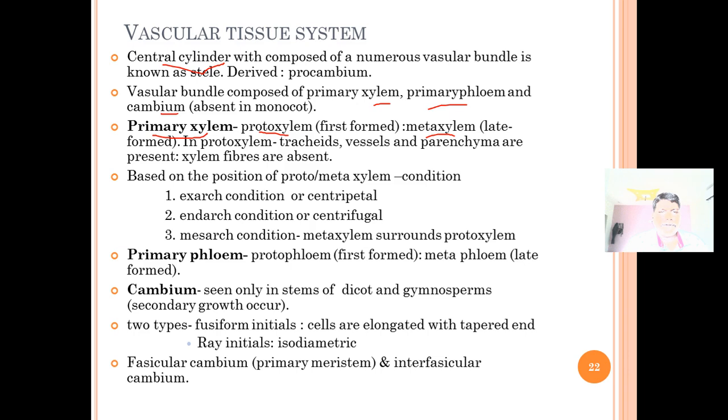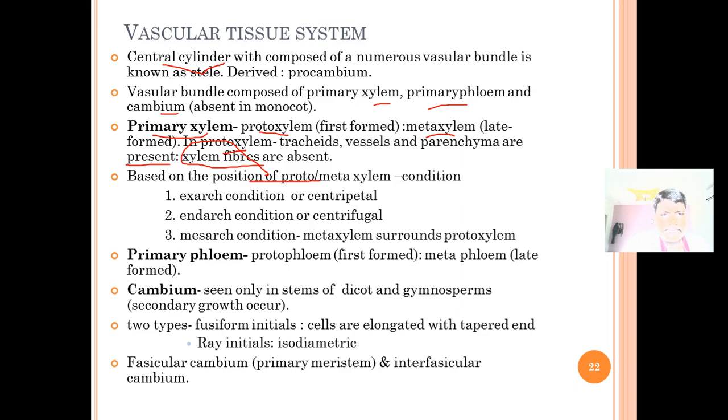In the protoxylem, tracheids, vessels and parenchyma are present. However, xylem fibers are absent in the protoxylem. Based on the position of protoxylem and metaxylem, three main types of vascular bundle conditions have been termed: exarch, endarch and mesarch.